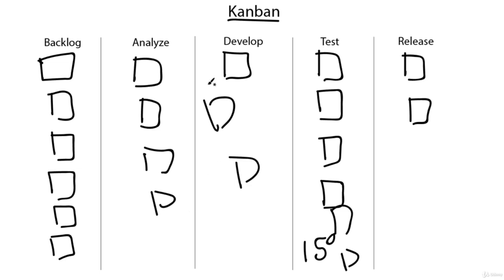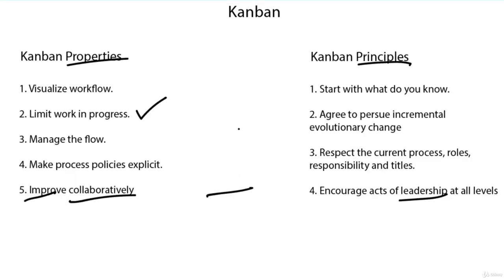Maybe they're saying we're sending way too much down the pipeline and we don't have enough people to deal with it. Maybe there's processes in the analysis stage where you're actually coming up with the design. Maybe there are errors in development. The developers are pencil whipping everything and they're not making good code. We want to talk to the testing engineers. We want to talk to all the engineers to figure out that problem. And so improving collaboratively is a very big part.